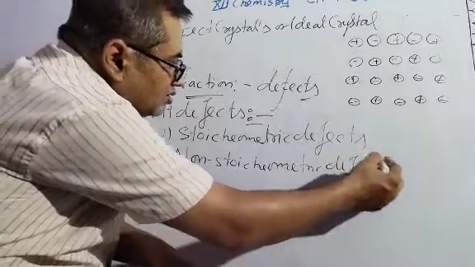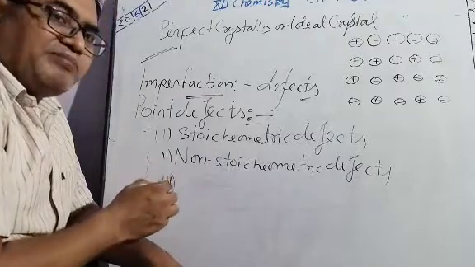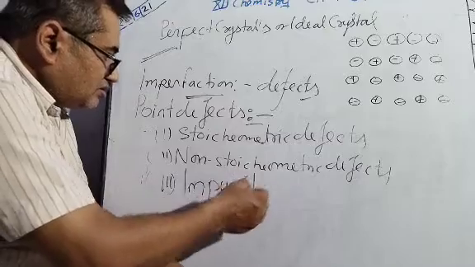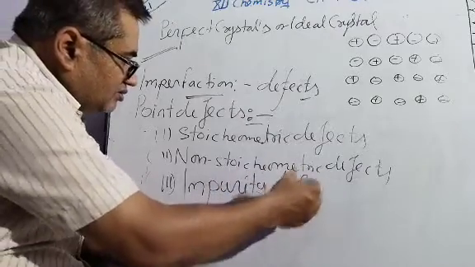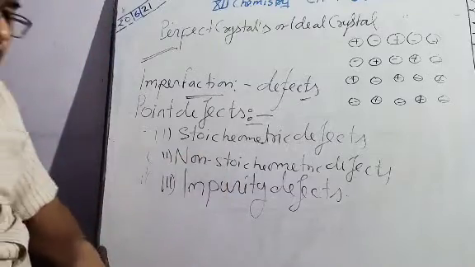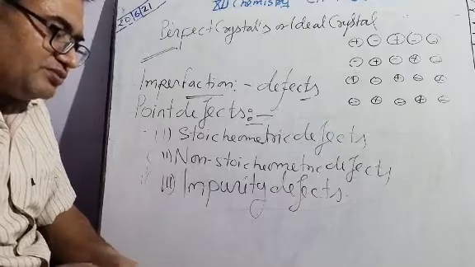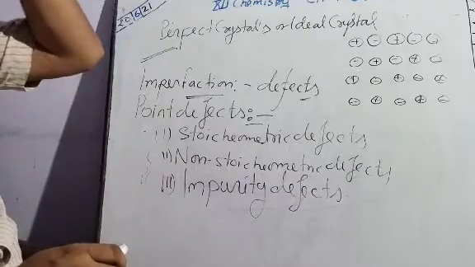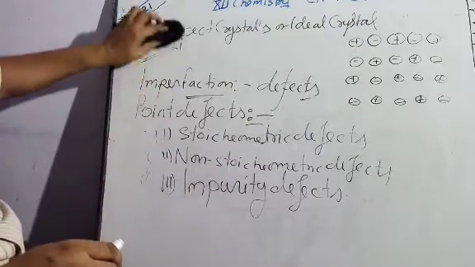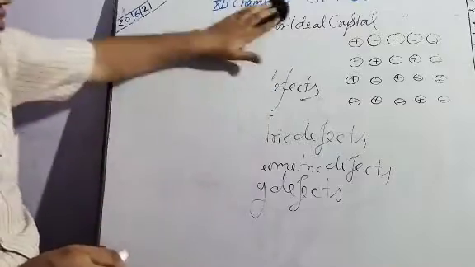And third one is impurity defect. So now we will discuss all these defects in detail. Now, second thing, we have to take a snap. We have to discuss from the beginning.